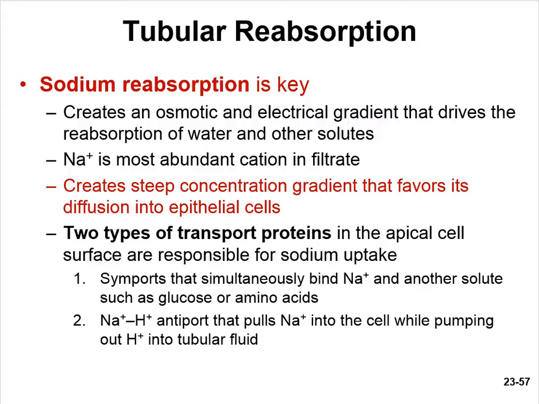Sodium and hydrogen antiport means it's a switch, bringing sodium into the blood in exchange for putting hydrogen from the blood into the tubule. This is also going to be key in getting rid of hydrogen ions from our body and helping to maintain pH.